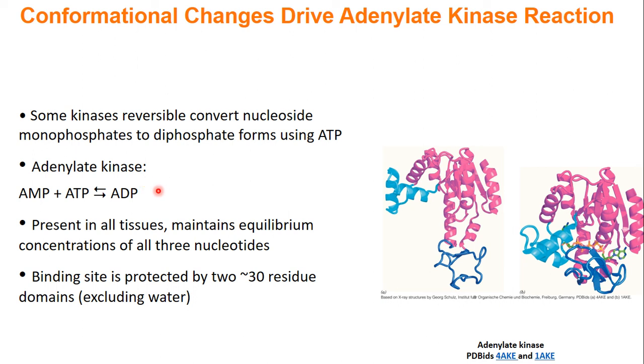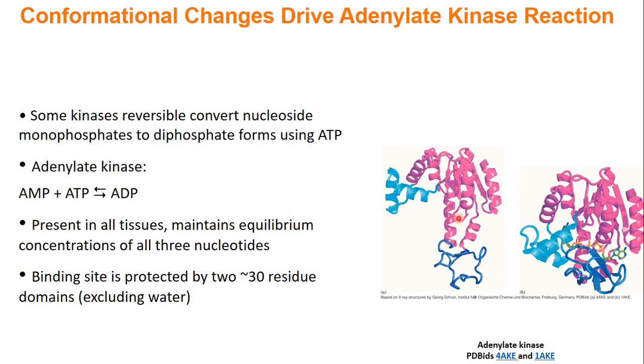And the reason for this is that you want AMP, ADP, and ATP to be at certain levels. If they're at different levels, different enzymes can't work, or enzymes are turned on or turned off. So you really don't want to mess with these ratios. So this enzyme simply restores the balance of these ratios.